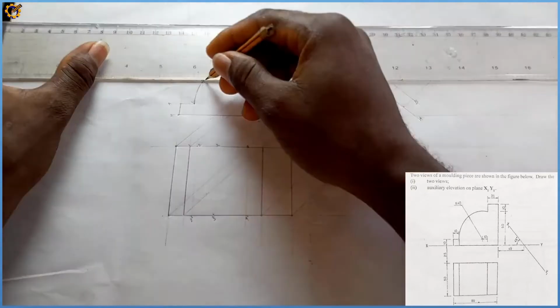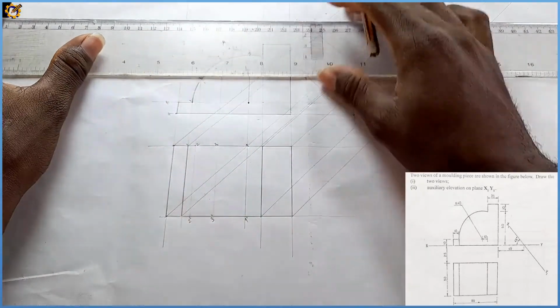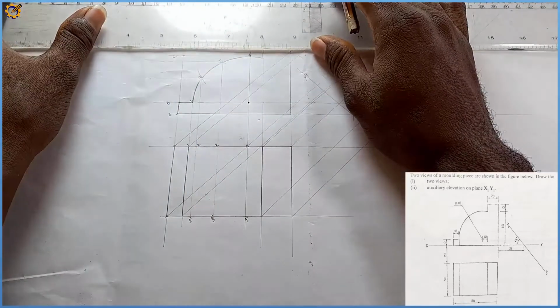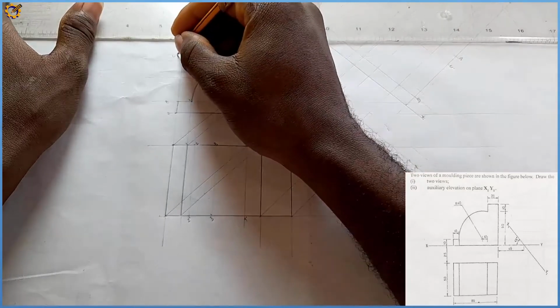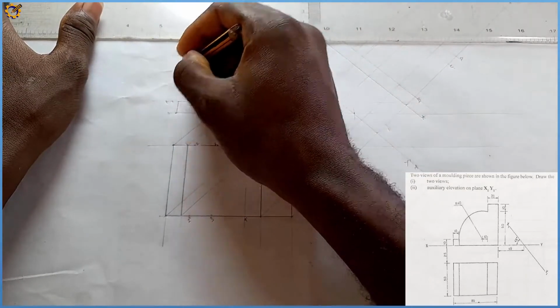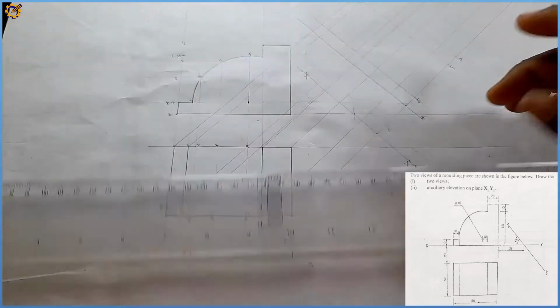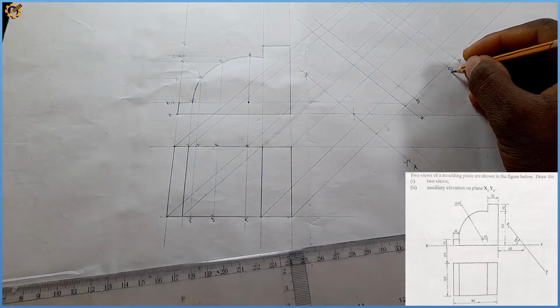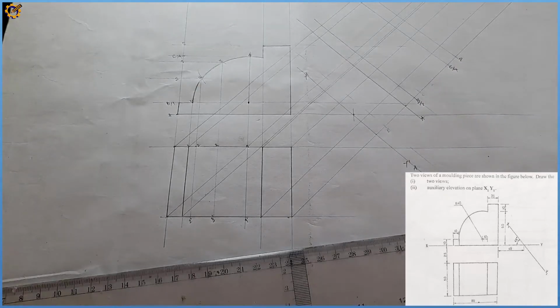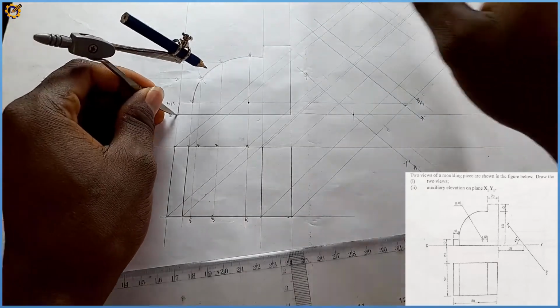Likewise on this front view, I will display that also. So mark 2, mark 3. C over 4, B over 1, I have 2, I have 3. Likewise right here, this will be C over 4, this will be B over 1. The next thing is to get mark 2 and 3.